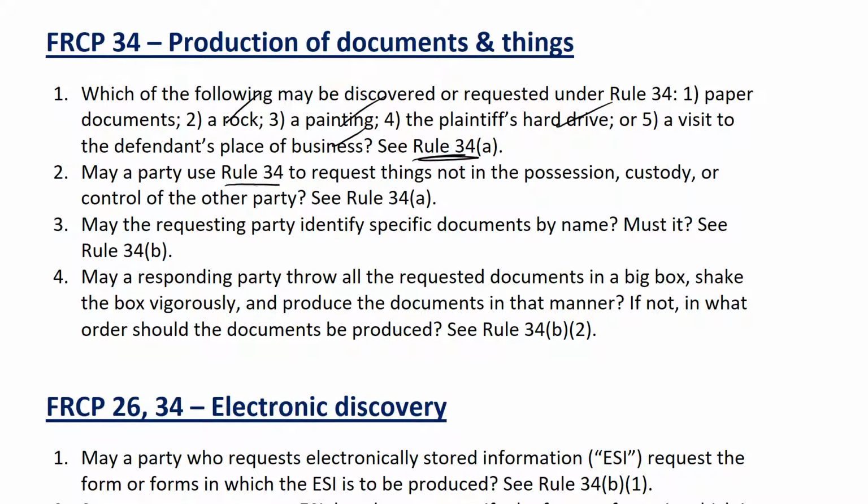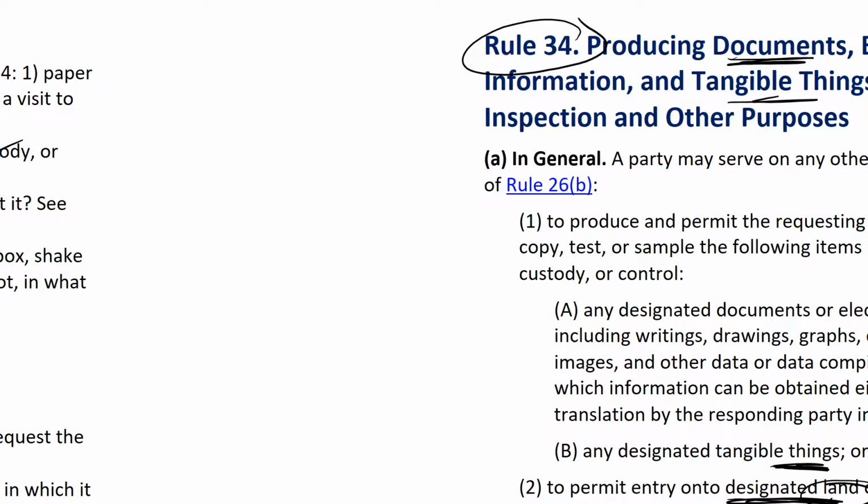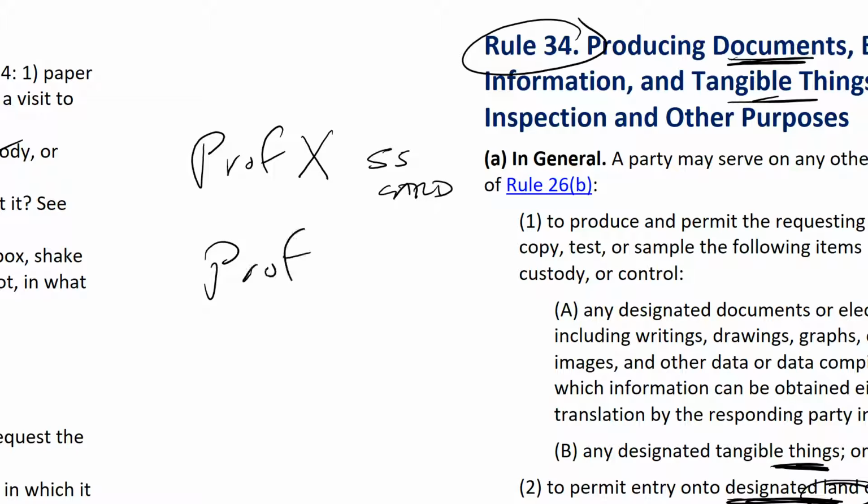Can a party use Rule 34 to request things not in the possession, custody, or control of the other party? The answer, of course, is no. So, for example, if you want a copy of Professor X's Social Security card, well, you can't ask Professor Y, all right?